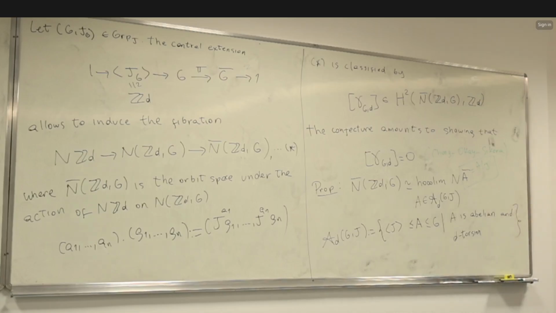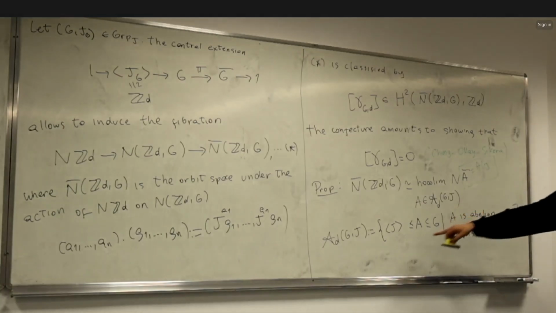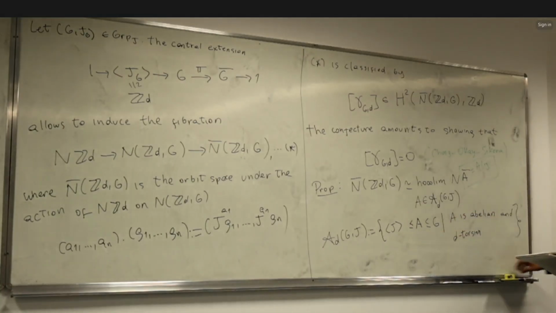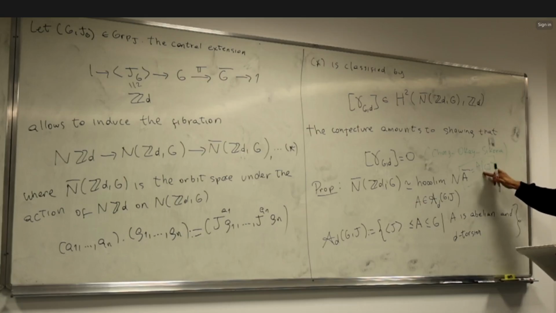So that's why this quotient makes sense, because A contains J.